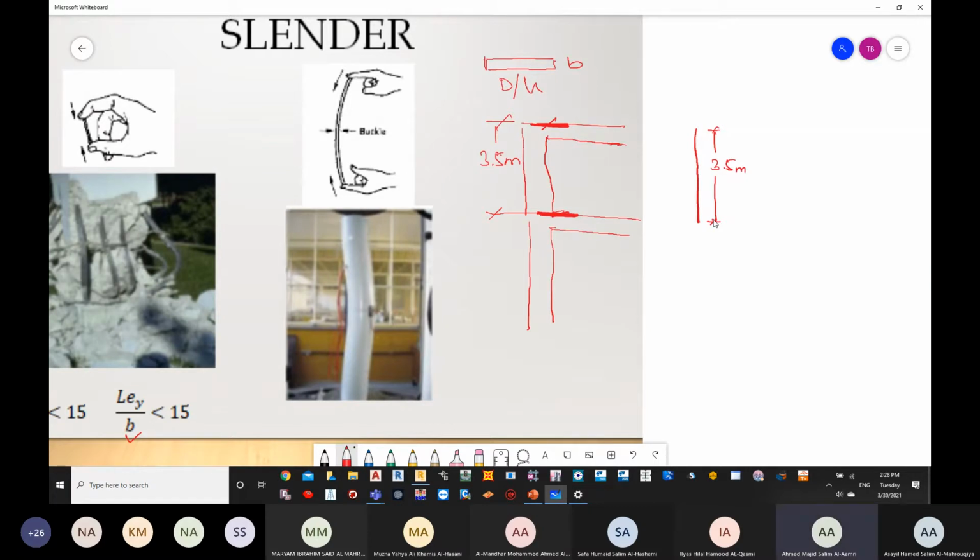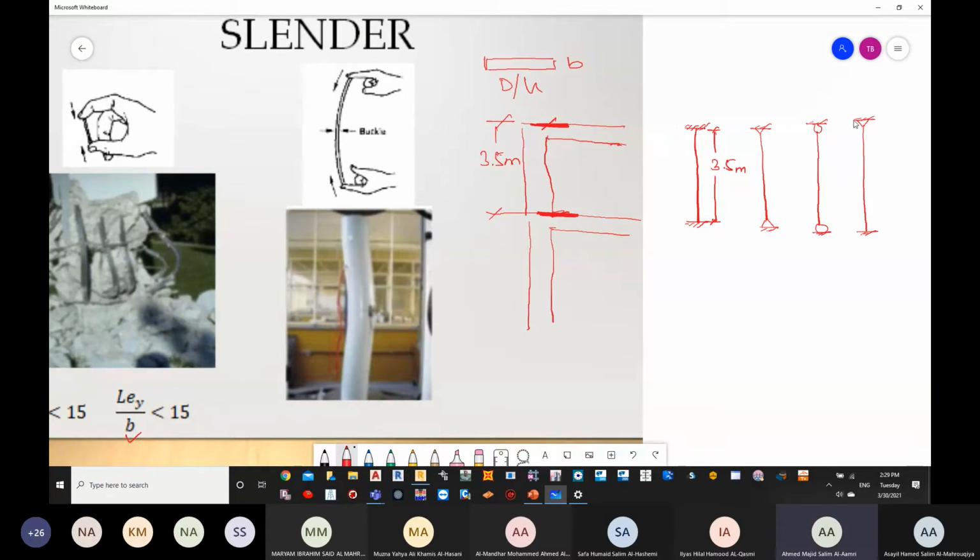This end can be either fixed, or a hinge, or a roller, or a mixture of different types of supports.